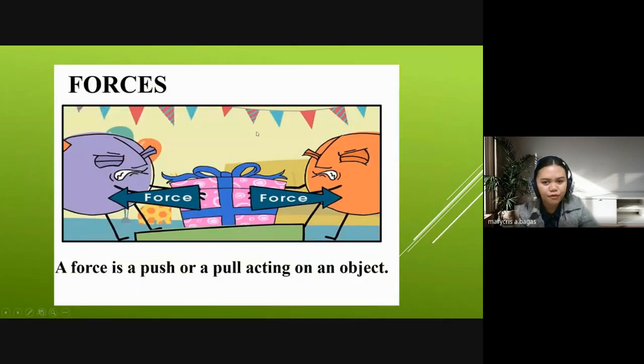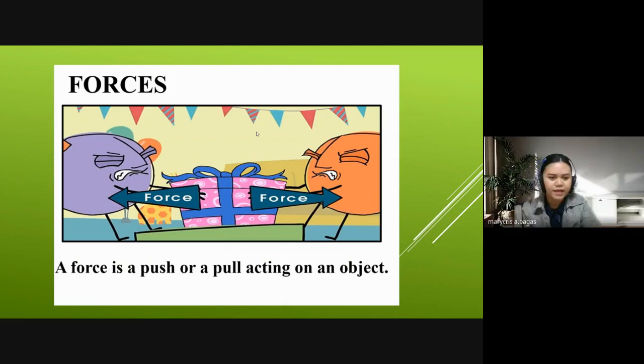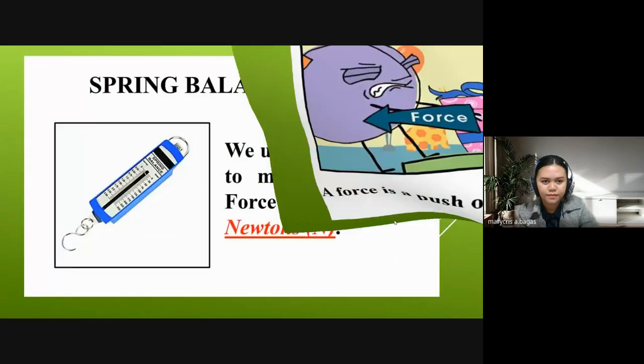What is force? A force is a push or a pull acting on an object.